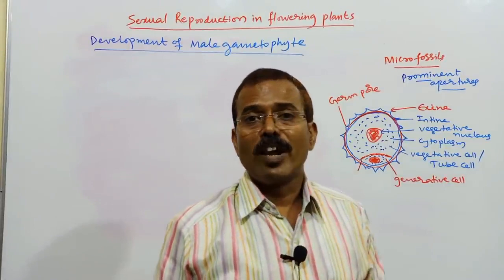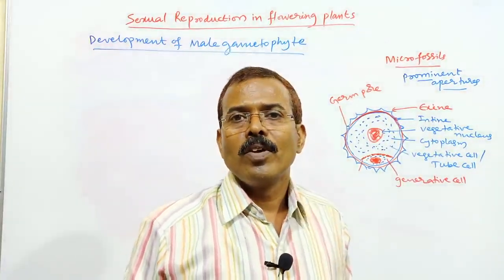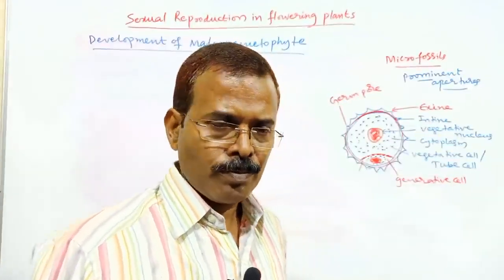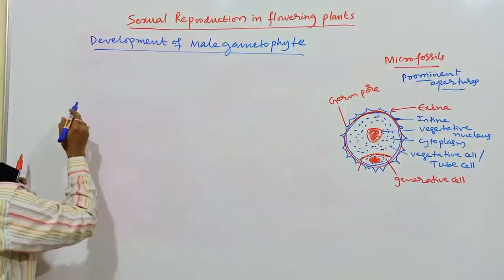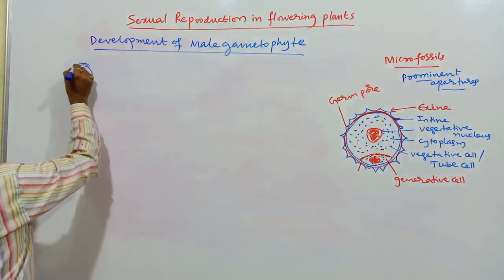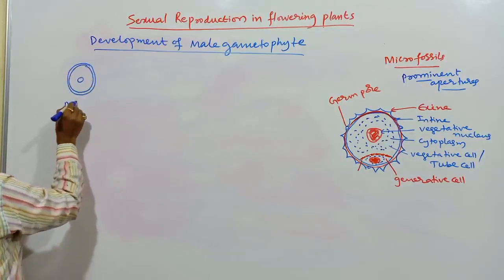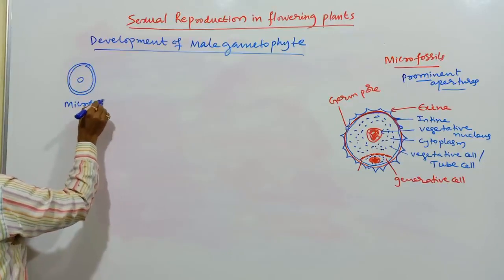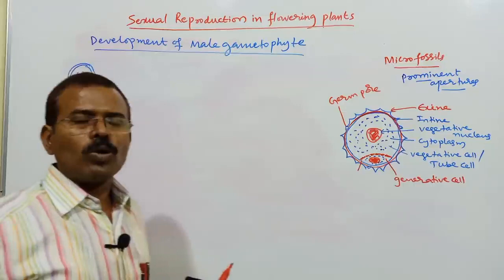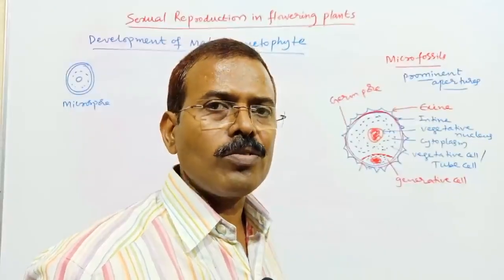Development of male gametophyte. How does a microspore develop into a mature pollen grain? A microspore is formed after microsporogenesis.